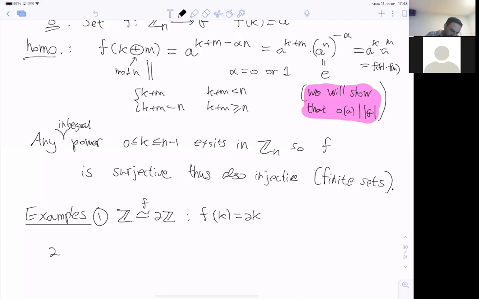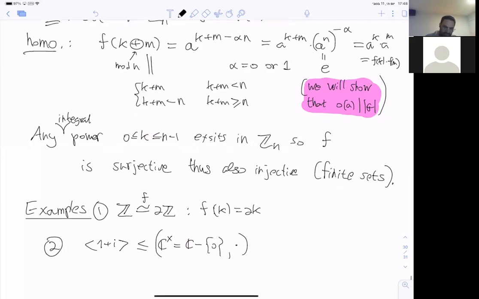For example, if I take all the complex numbers generated by powers of this complex number, this is a subgroup of the complex numbers without zero with multiplication.